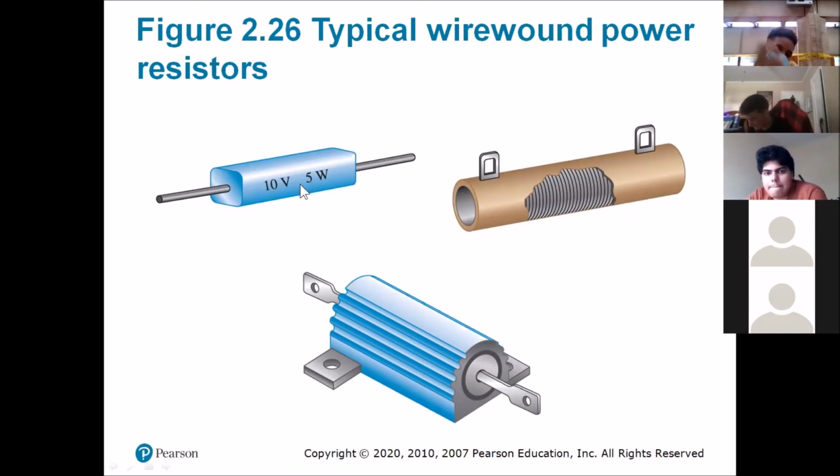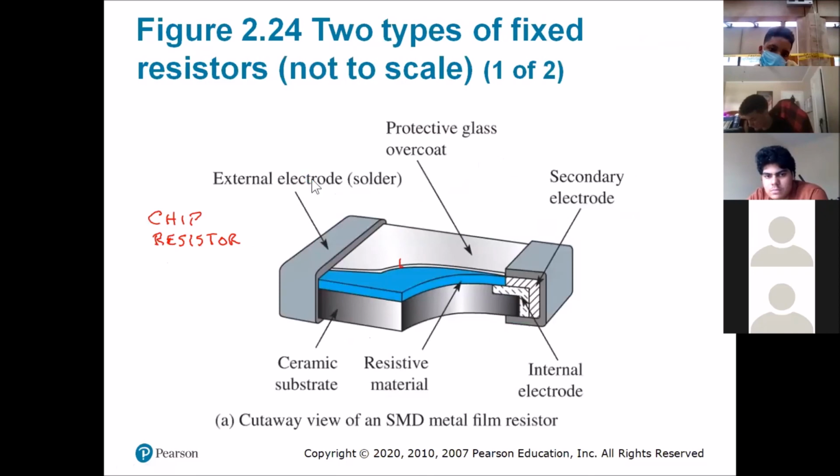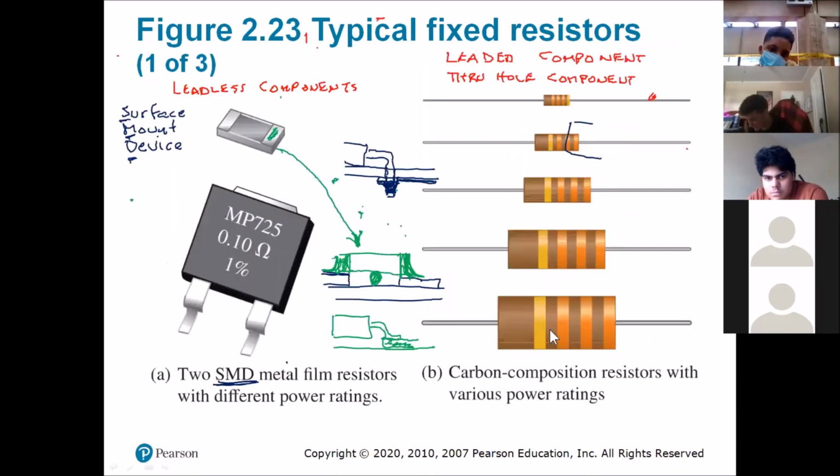One of the things this book doesn't show, unfortunately, is scale. This resistor here is probably maybe 3/4 of an inch long, and that's the biggest out of all of them.